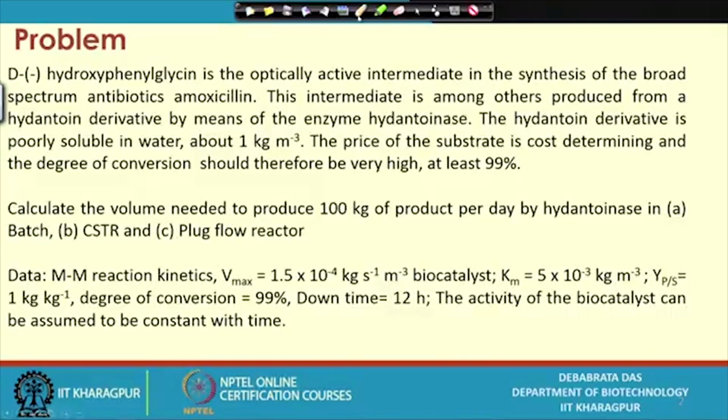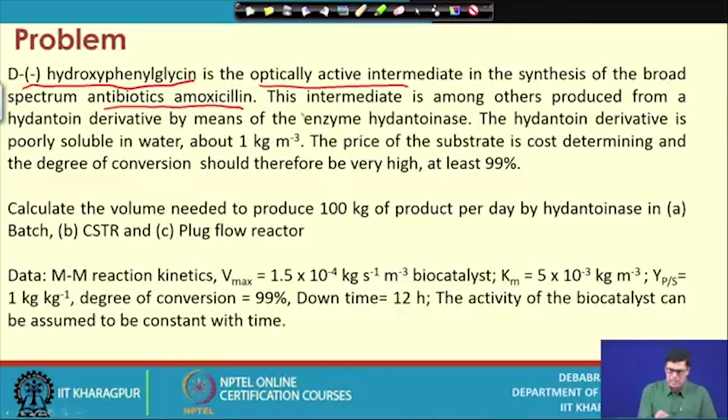Now, D-hydroxyphenylglycine, a complex molecule, is an optically active intermediate in the synthesis of the broad spectrum antibiotic amoxicillin. In day to day life, doctors recommend a lot of antibiotics for curing different types of disease. One antibiotic that is largely used is amoxicillin, and this intermediate is, among other routes, produced from a hydantoin derivative by means of the enzyme hydantoinase.